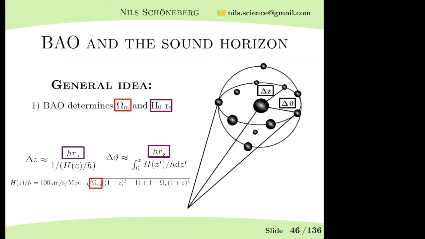So I'm doing some expansion at high redshift, so that I can ignore the dark energy for now. But of course, or rather, let me reformulate. I'm not doing a high redshift expansion. I'm doing a reformulation of the Omega dark energy in terms of 1 minus Omega_m with a cosmological constant. This is what I should have said.